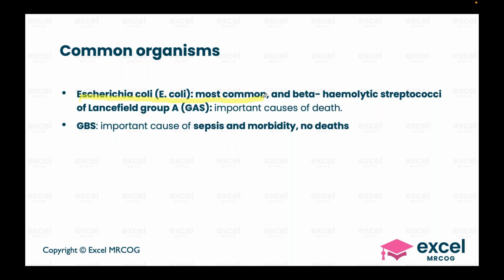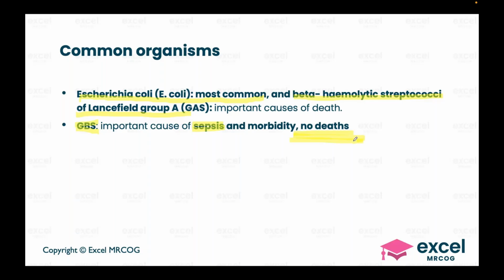So E. coli is the most common cause of sepsis, and then you have your beta hemolytic streptococcal infection, and these two are important causes of death. GBS is also an important cause of sepsis, but it is not associated with deaths.